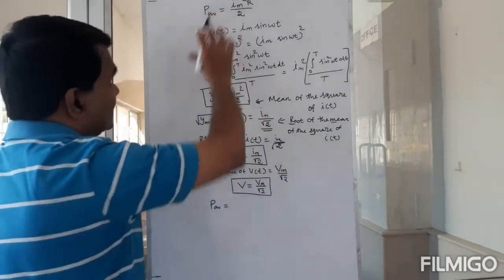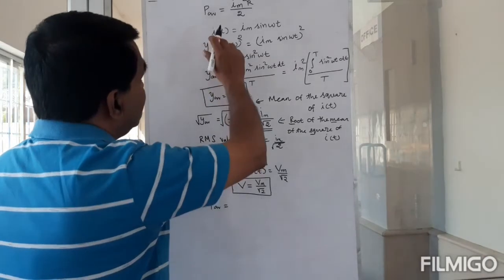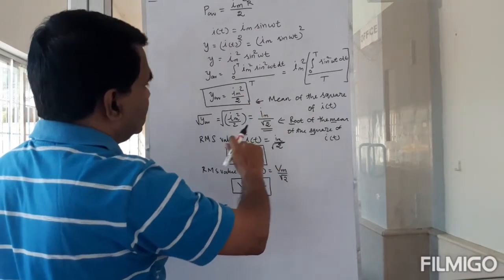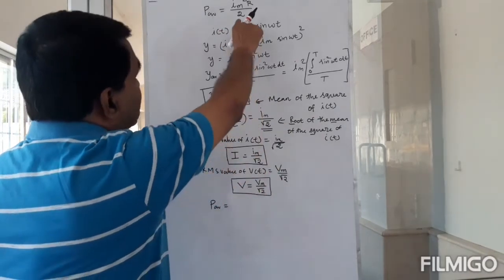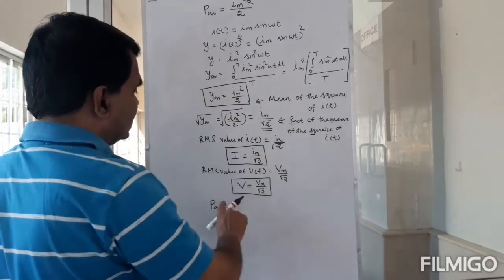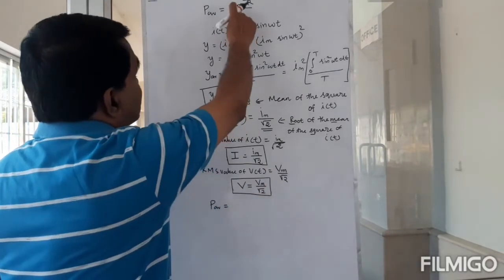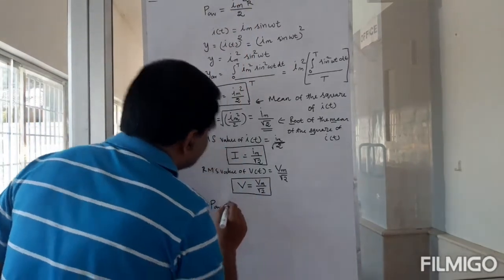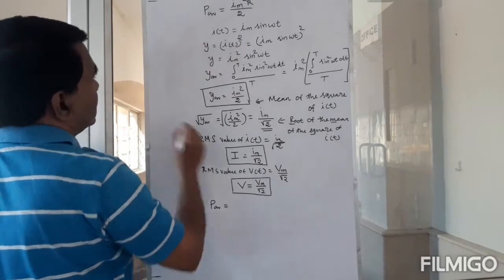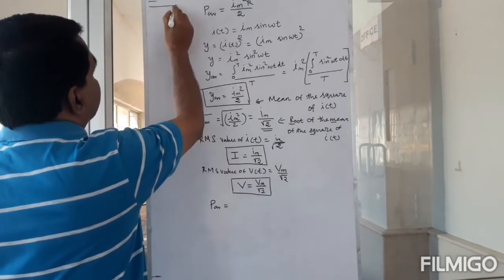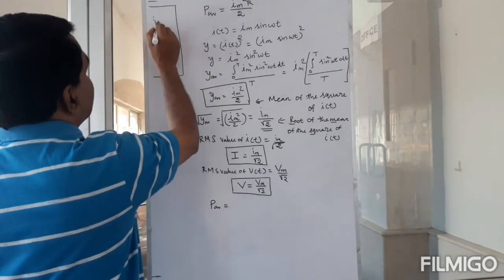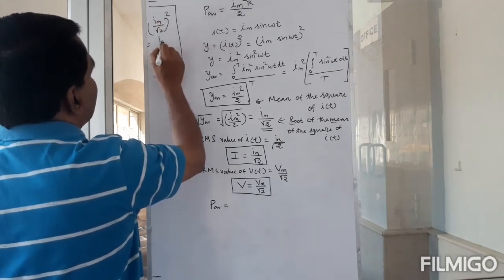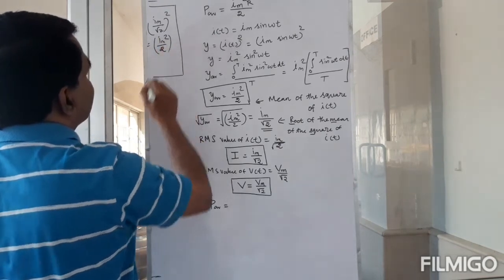So I'm going to do it slightly differently. What is Im by root 2? Im by root 2 is this I. So Im squared by 2 will be I squared. Because if I take Im by root 2 and if I square it, I'm going to get Im squared by 2, right?